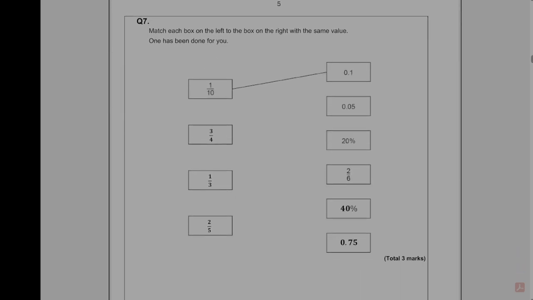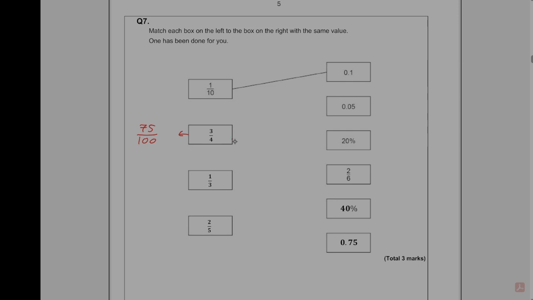Question 7. Match each of the boxes on the left to the box on the right with the same value. The first one has been done for you. Okay, so this one, 3 over 4 is going to be equal to 0.75. We could say that that's going to be equal to 75 over 100, and that's a good one to look at whether we're going to have a percentage, fraction or decimal.